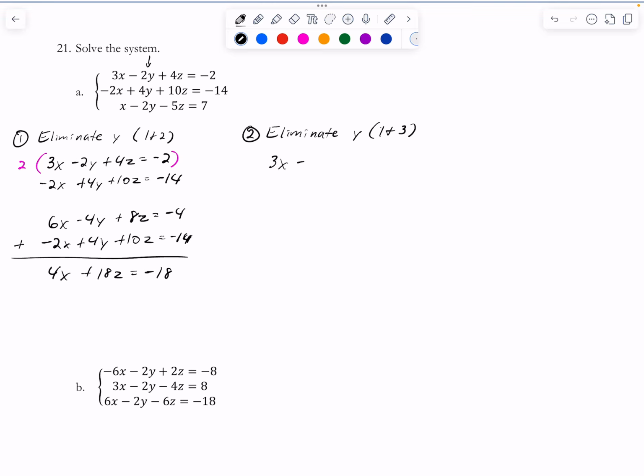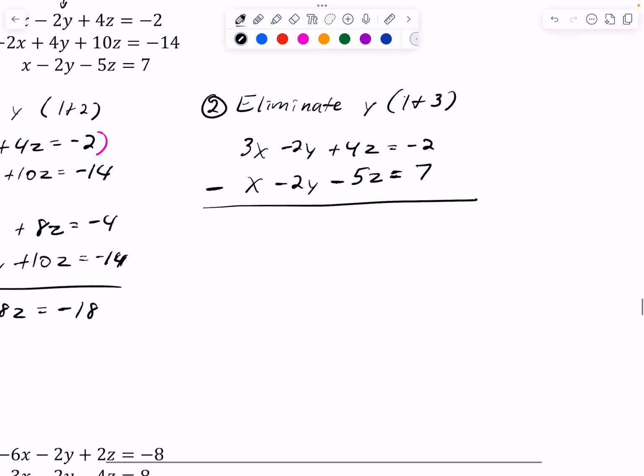So 3x minus 2y plus 4z equals negative 2. Then x minus 2y minus 5z equals 7. Now I feel comfortable subtracting. If you do not, then make one of them the opposite so you don't have to do any subtraction.